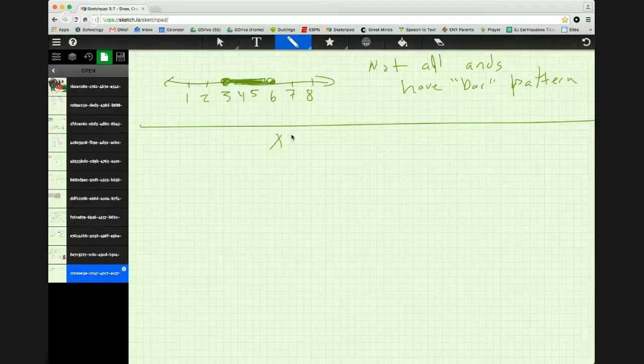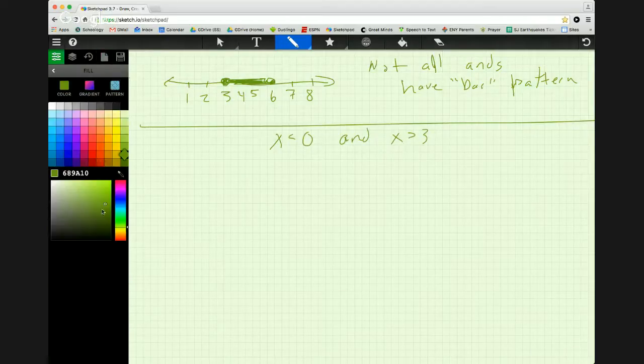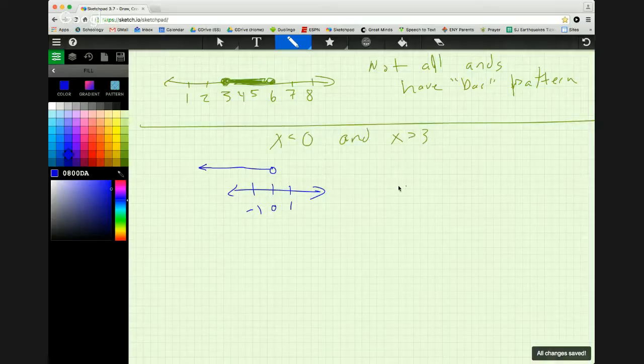We're going to say x is less than 0 and x is greater than 3. So x is less than 0 looks like -1, 0, 1. It looks like this. x is greater than 3 looks like this.